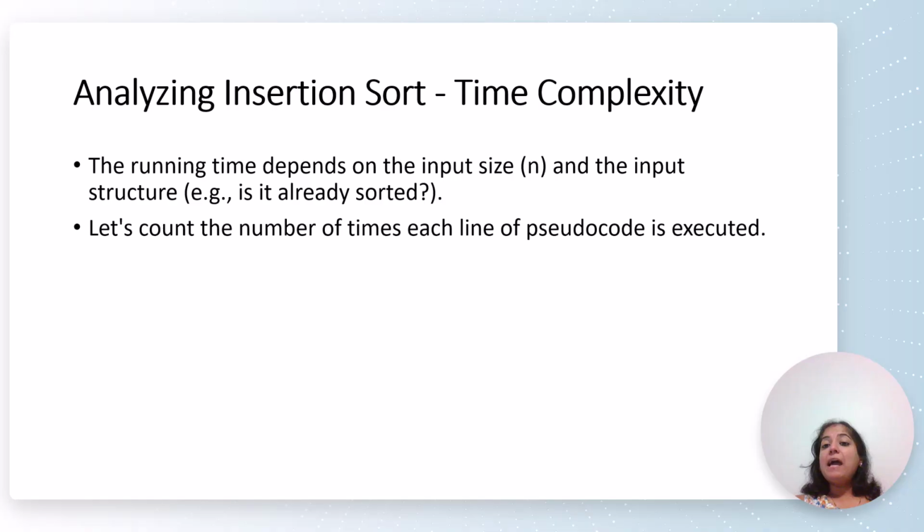For example, if your array is already sorted and you execute the sorting algorithm, it will take less time. On the other hand, if your array is sorted in reverse order, in descending order, and you want to organize your elements in ascending order, then it will take the most time, right? So it depends upon the structure of the input also.